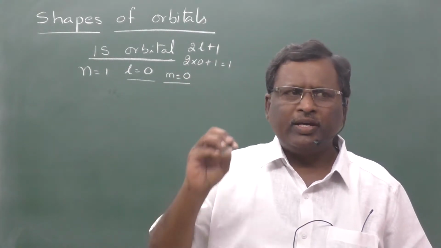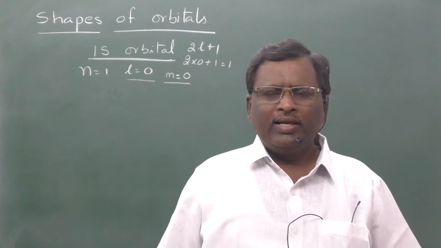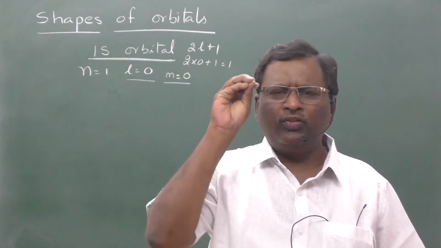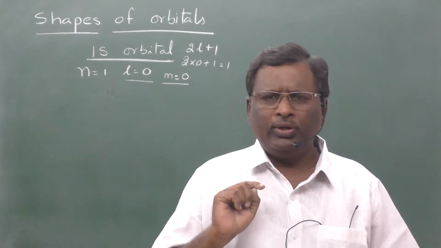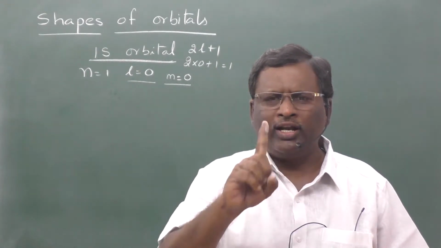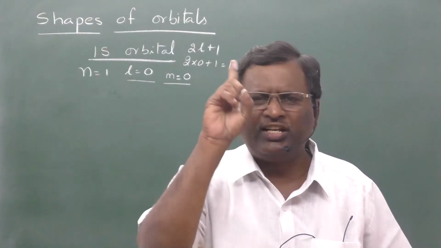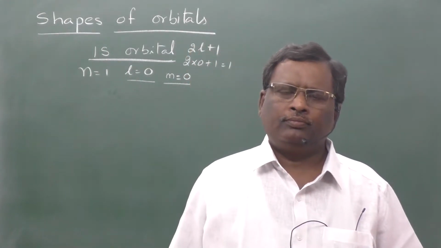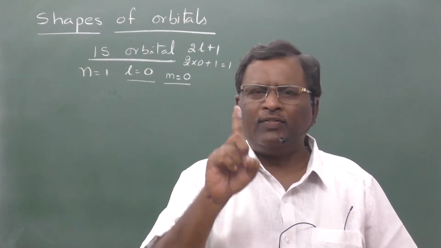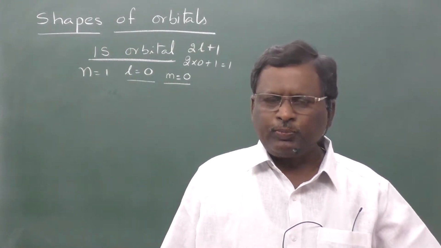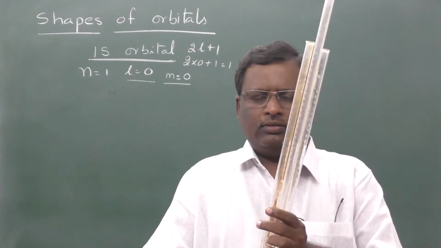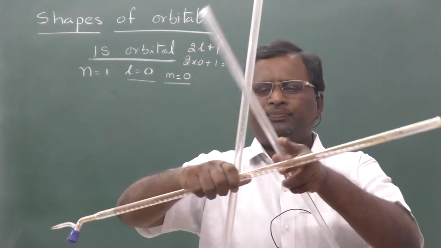Since the magnetic quantum value has only one value, it means it has only one type of spatial arrangement. That spatial arrangement, we can explain like this.